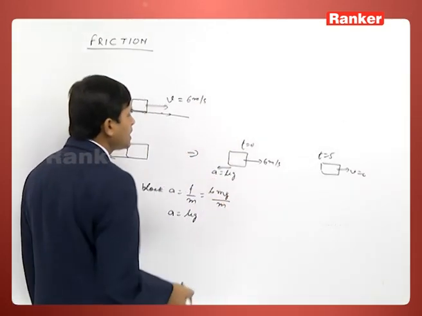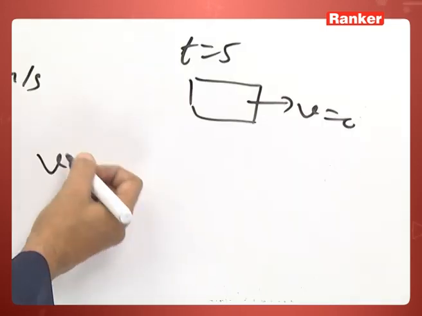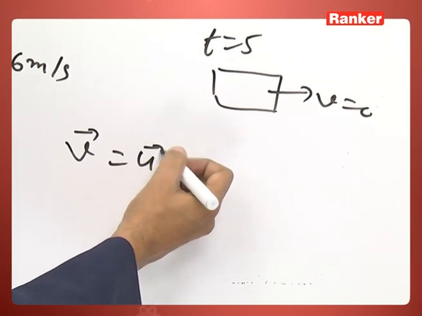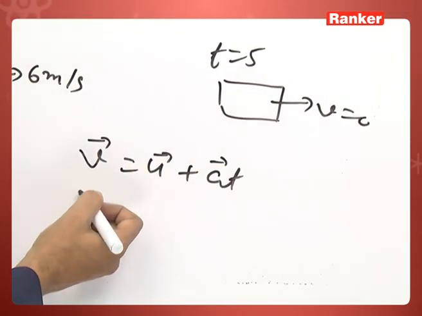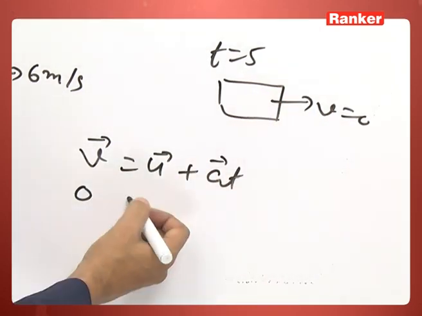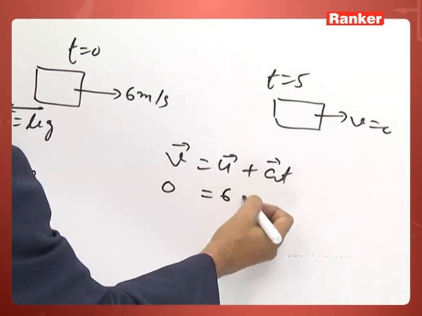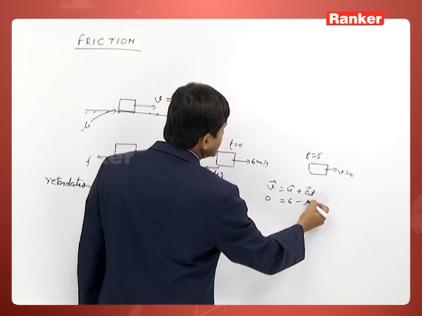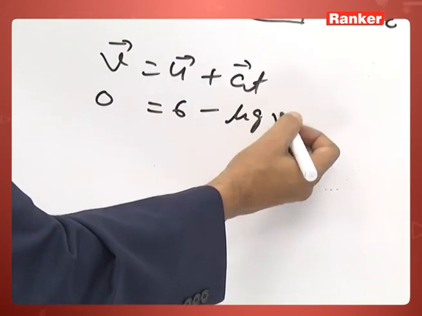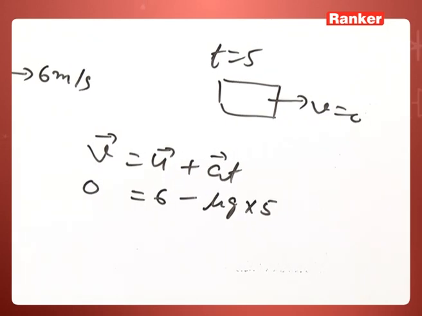Since A is constant, we can use the law of motion equation v is equal to u plus at. Finally v is 0, the final velocity, u is the initial velocity at t equal to 0, which is 6, and A is acting in the backward direction. A is mu into g, and time is 5 seconds.